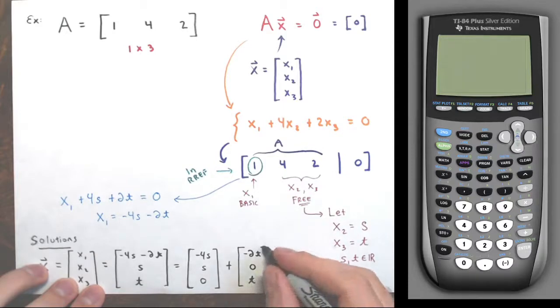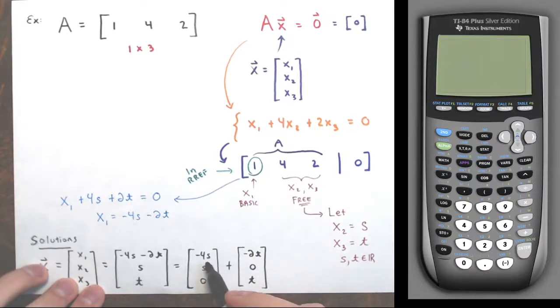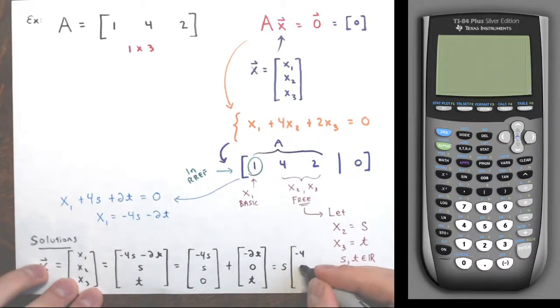And then each of these, kind of like the last example, I can pull out scalars from vectors, right, using the typical scalar multiplication definition. So I can pull out s from this one and t from that one. So we're getting s times the vector -4, 1, 0, plus t times, sorry about the clutter here, the vector -2, 0, 1.